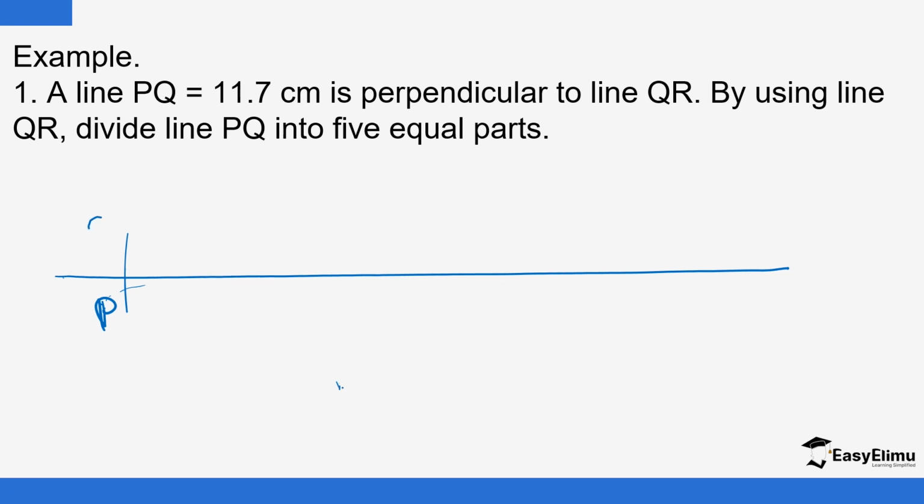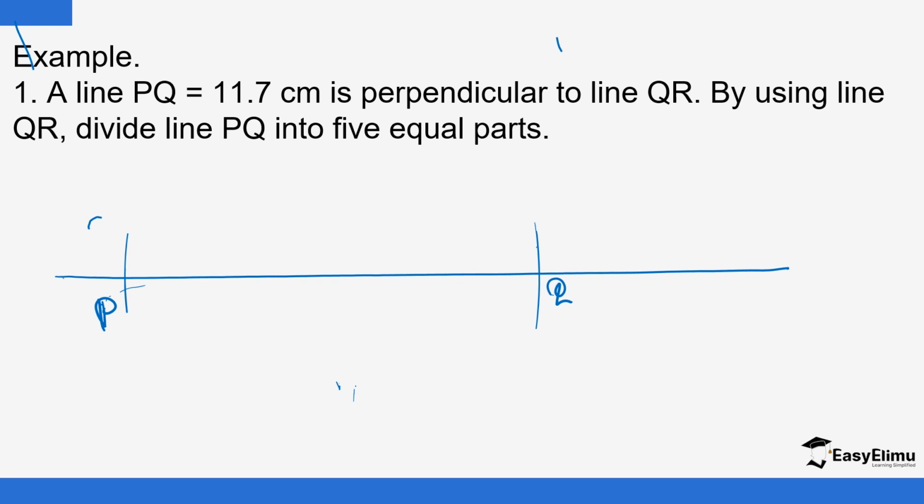So 11.7 should be somewhere there. That is where Q is. So using a ruler and a pair of compasses only, we're going to divide it in 5 equal parts.